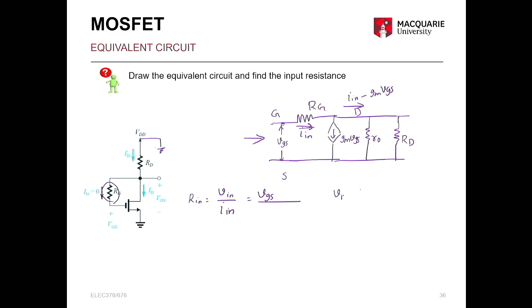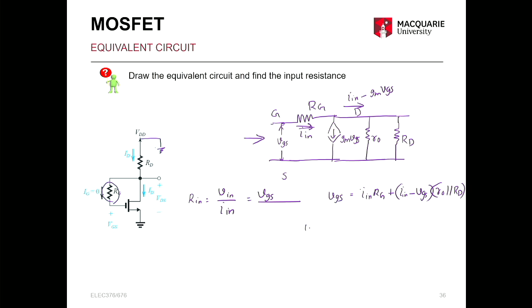So let's write V in is equal to I in times RG plus (I in minus gm VGS) times R0 parallel RD, right? And V in is equal to VGS.